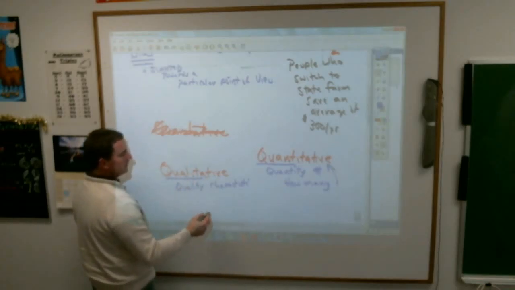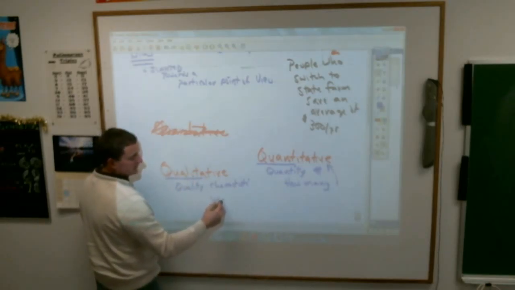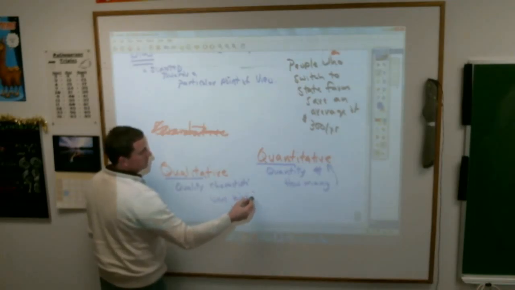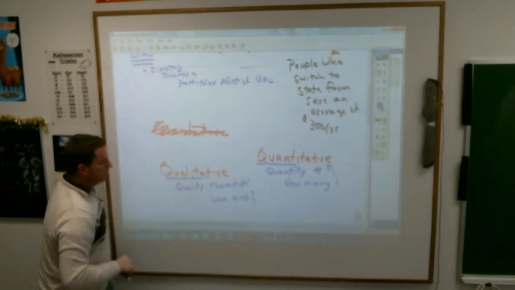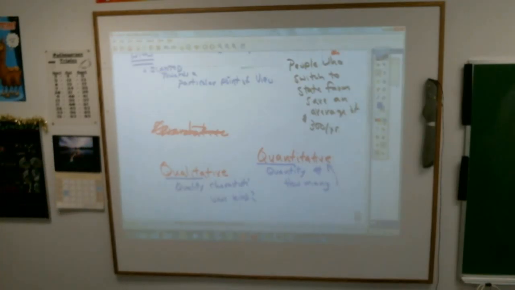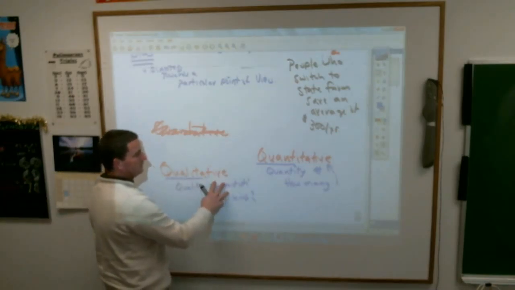If the answer is like what kind, or which do you prefer, then it's going to be qualitative. For example, the survey they gave where they asked what kind of food would you prefer, is that quantitative or qualitative? It's qualitative because they're asking about the quality, what kind.